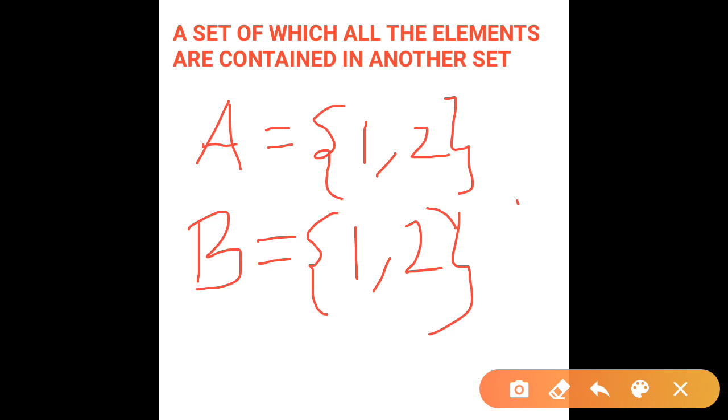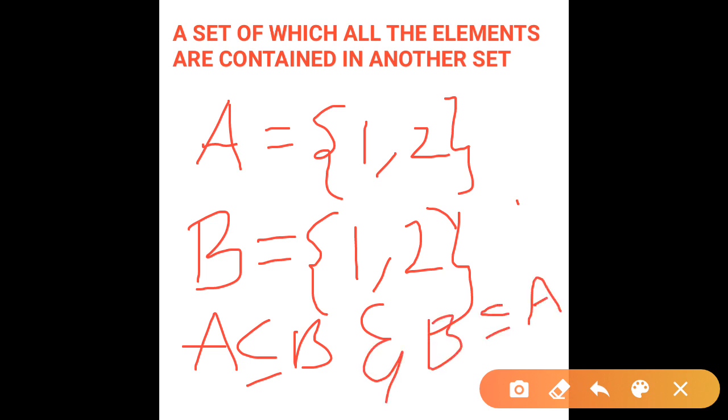That means we can say A is a subset of B and B is a subset of A. By the above condition, all the elements of A are present in B, as well as all the elements of B are present in A. So A is a subset of B as well as B is a subset of A. Right? This is a subset.